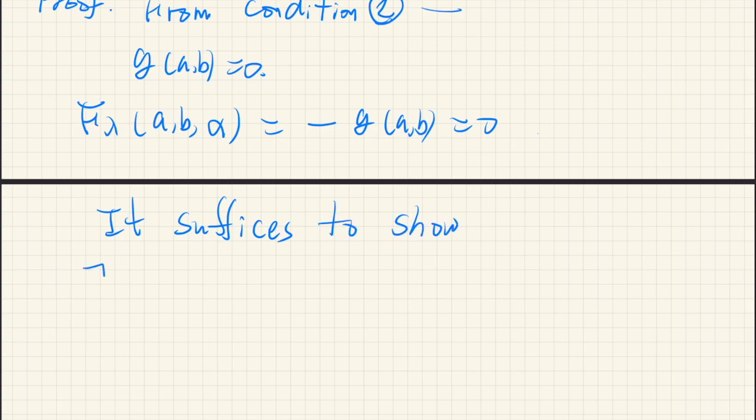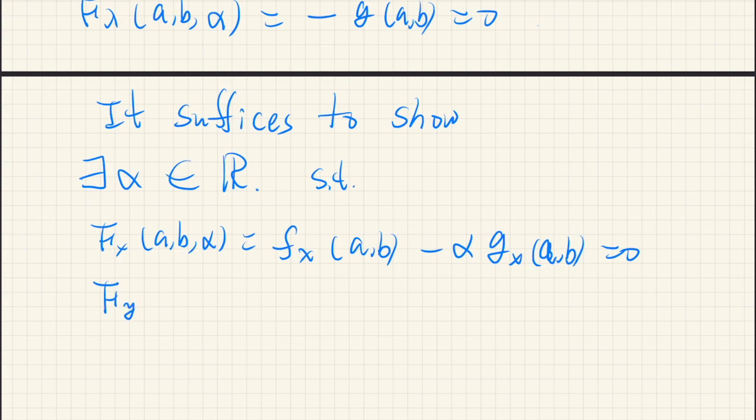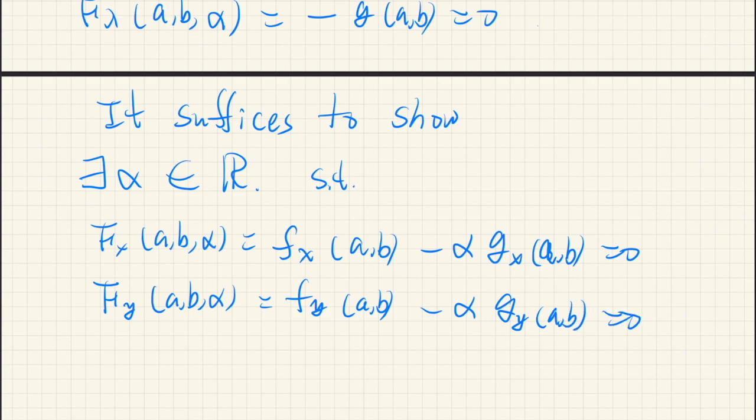that there exists alpha such that f_x(a, b, alpha), that is f_x(a, b) minus alpha g_x(a, b), is equal to 0, and f_y(a, b) minus alpha g_y(a, b) is equal to 0.